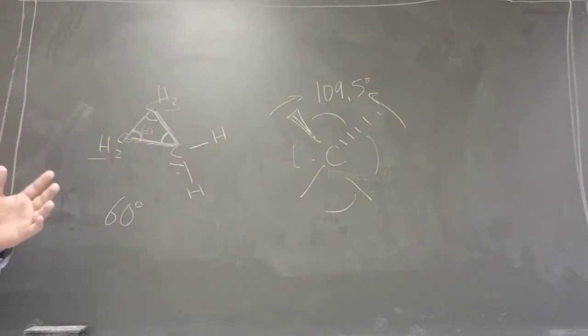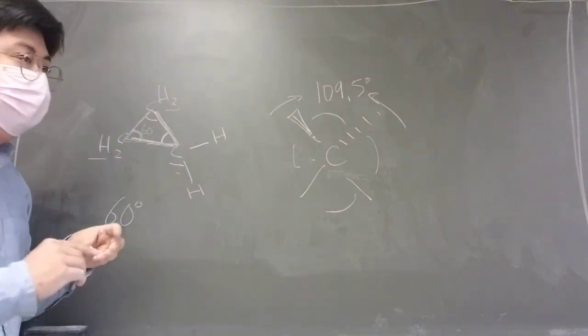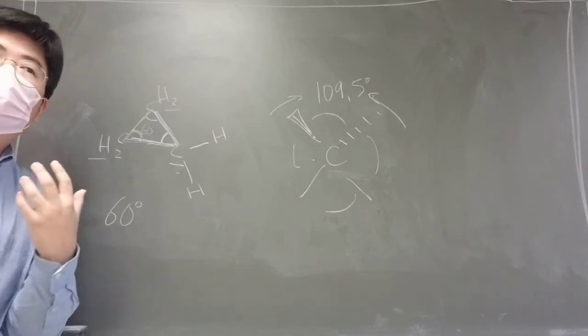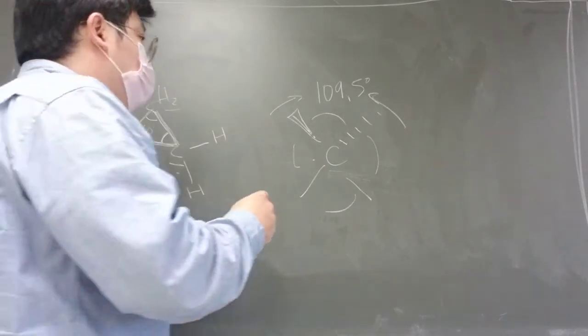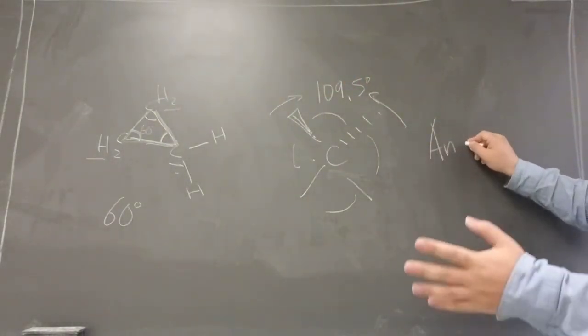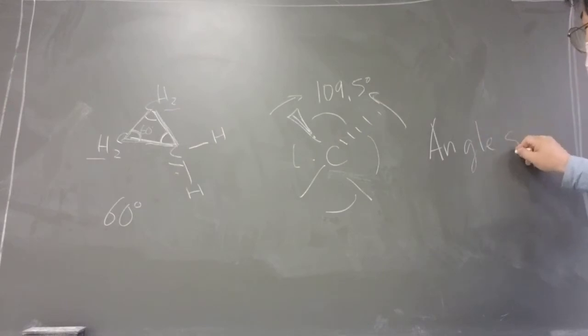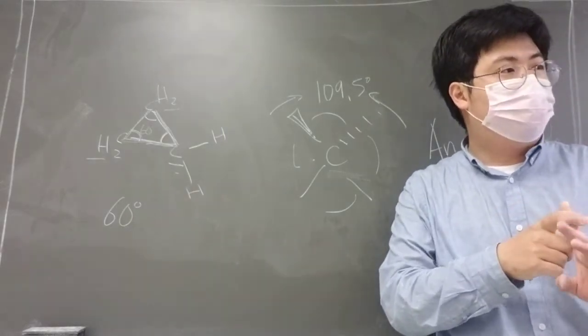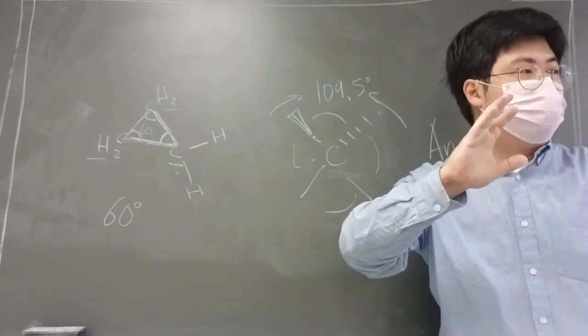So they're forced. So they're going to experience a certain amount of what? Energy. They need to have a certain amount of energy to do so. This is what we call angle strain, because of the angle. So the last one we talked about was torsional strain, because of eclipsed conformation and staggered conformation.